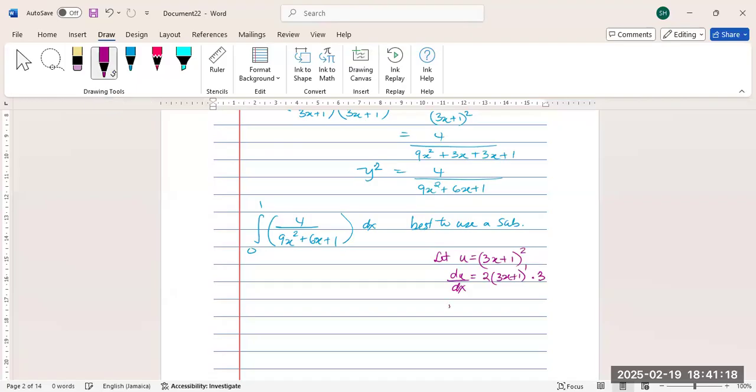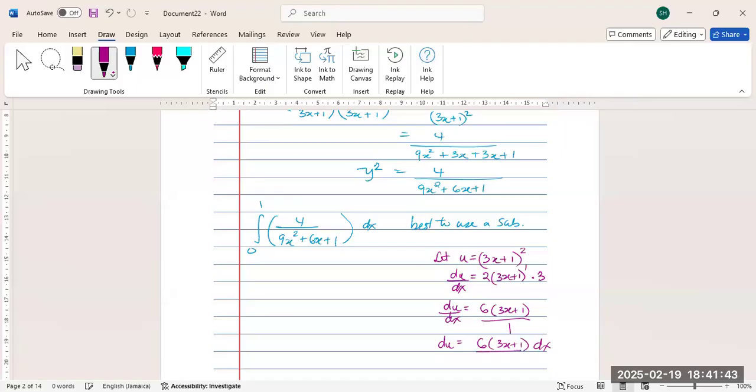So du by dx is going to be equal to 6 times 3x plus 1, and all of that is over 1. And cross multiplying, I'm going to have du equal to 6 times 3x plus 1 dx.